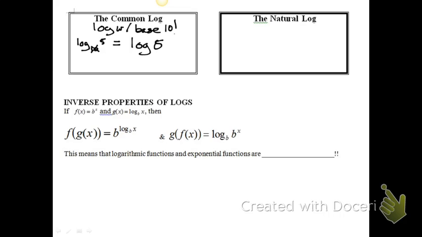If it looks like somebody forgot to write the base of the log, it's assumed that it's really a 10, but it's just not written there. That's log base 10. It's the common log. So if you don't see a base value for the log, you know it's going to be 10.